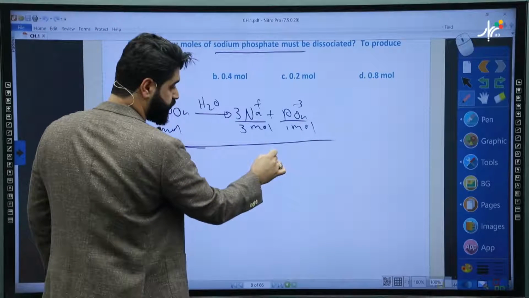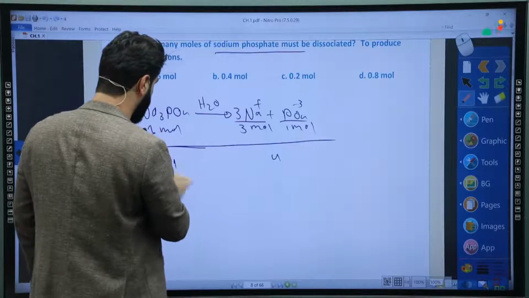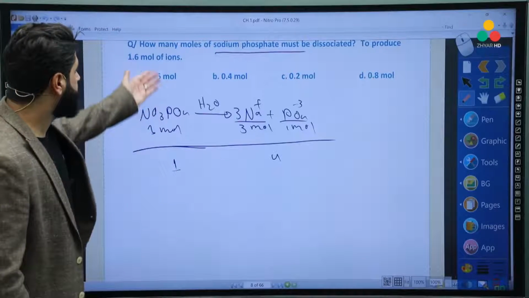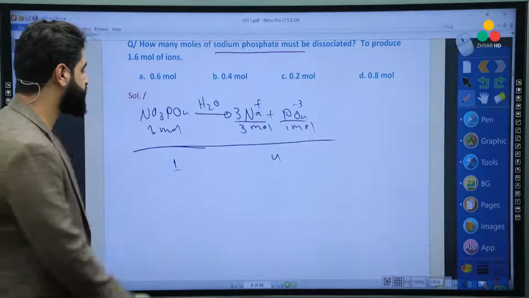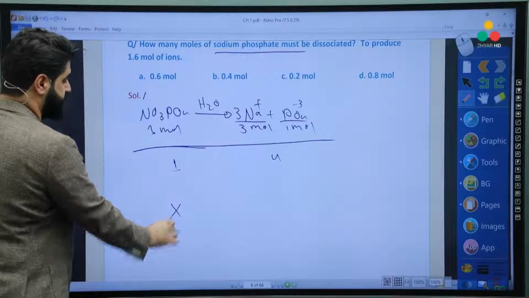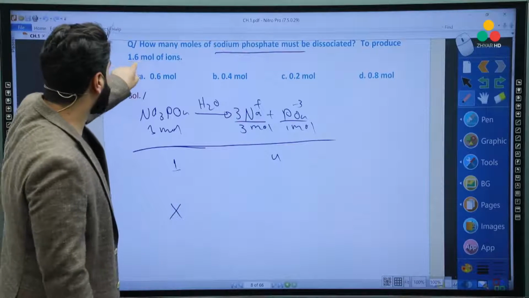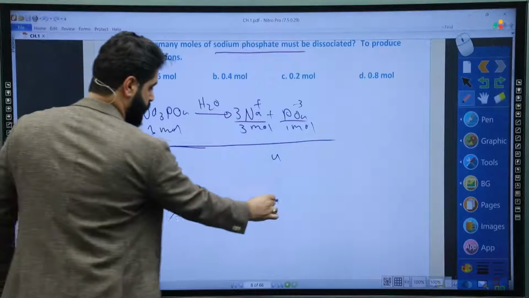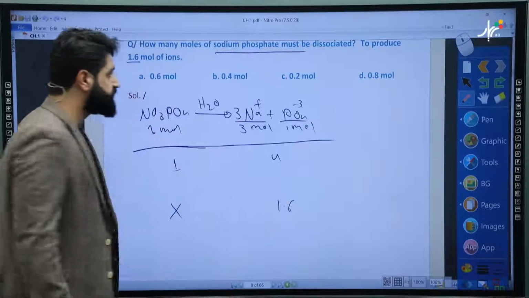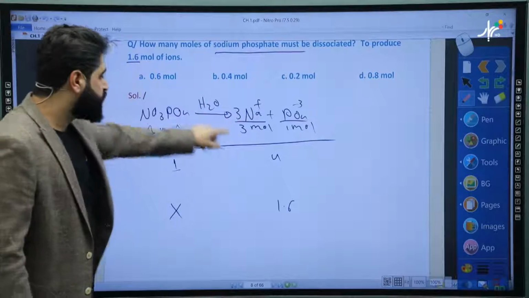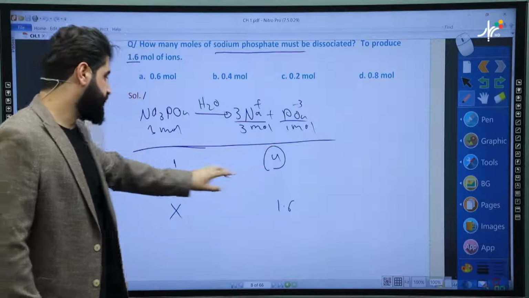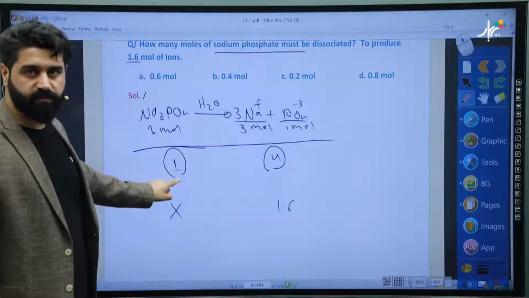So total is 4 for 1 mole of a compound. But now, how many moles of that compound must be dissociated, X, to get 1.6 mole of ions? So that means we have 4 mole of ions if we dissociate 1 mole of a compound.